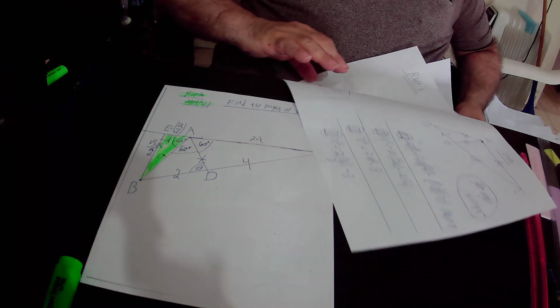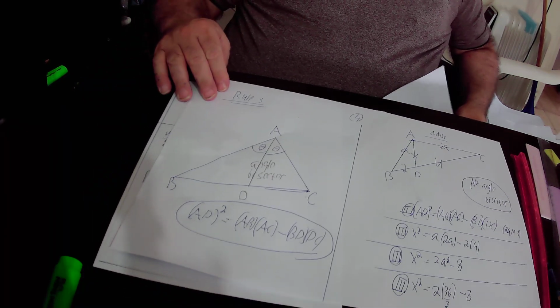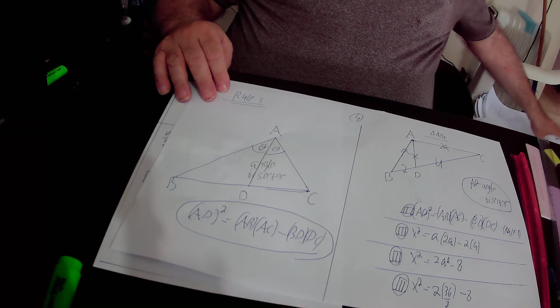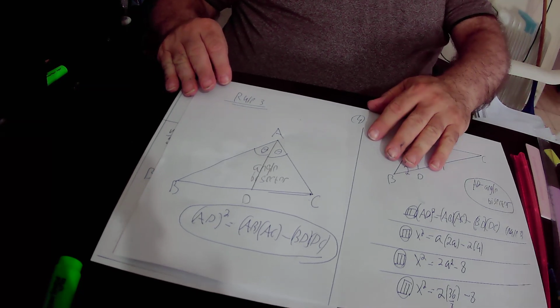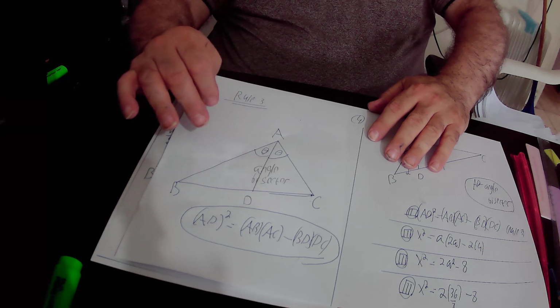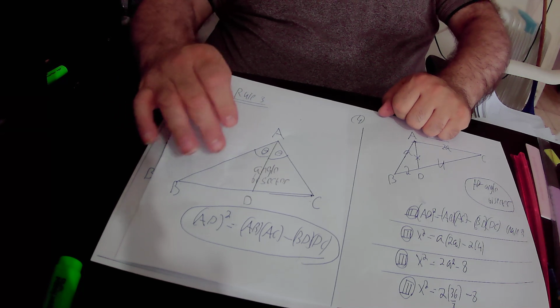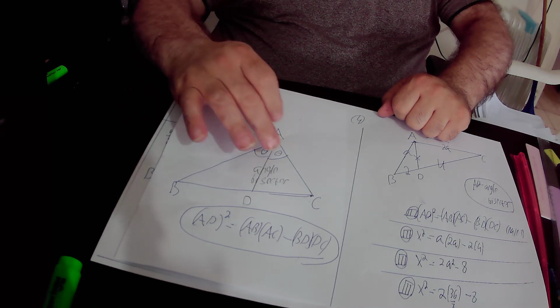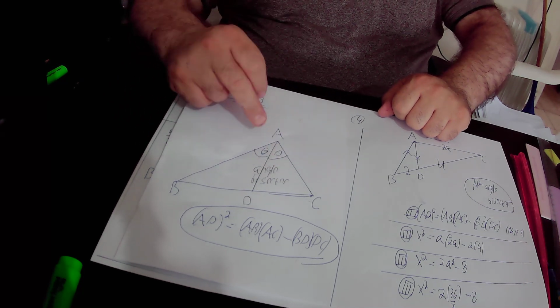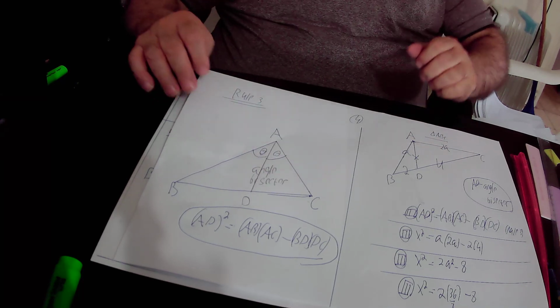Then I presented to you rule number 3. According to rule number 3, here we have triangle ABC that could be any triangle, and we have the angle bisector AD. So according to rule number 3, we get that AD square equals AB times AC minus BD times DC. Again, AD square equals AB times AC minus BD times DC.